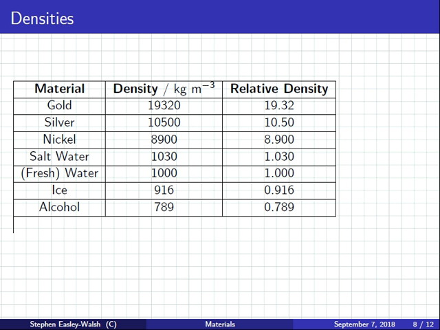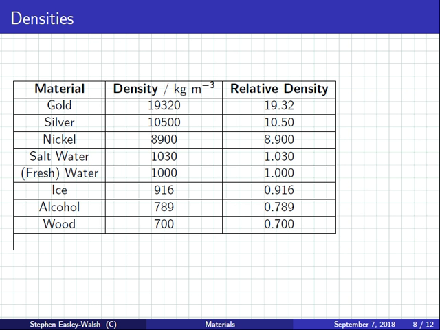I never thought about that, but you're right. If you put it into whiskey, it'll sink. So that means the density of whiskey must be less than 916. Alcohol is only 789. Wood, like the table, is 700. How about aluminum?